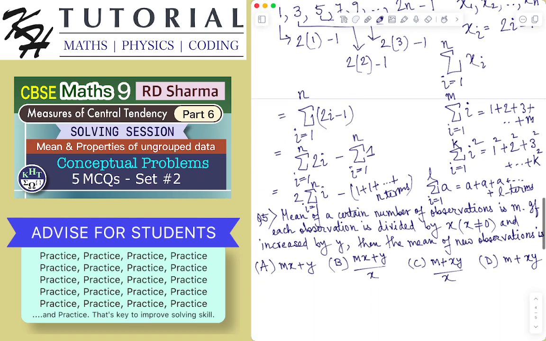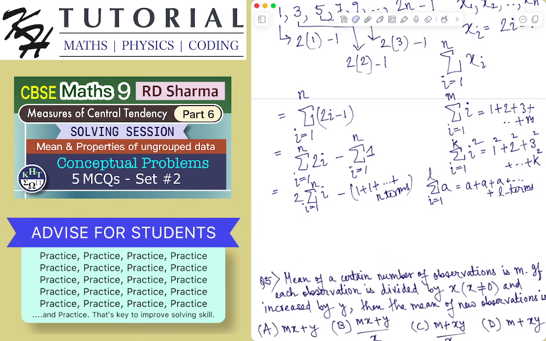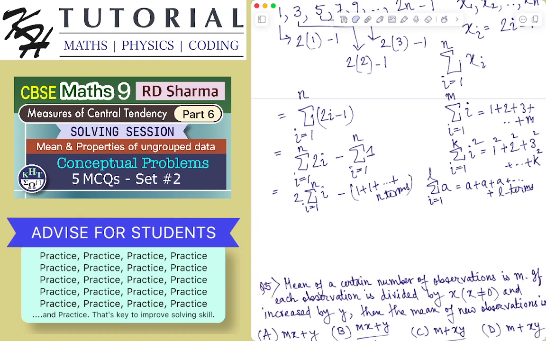Now I don't have space, let me create some space. So this summation of i, where i is ranging from 1 to n, is nothing but 1 plus 2 plus 3 up to n, and minus 1 plus 1 plus 1 up to n terms is n.